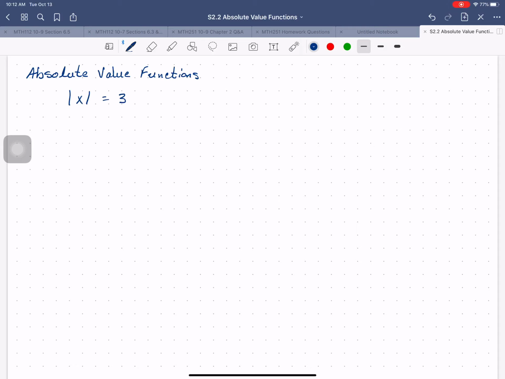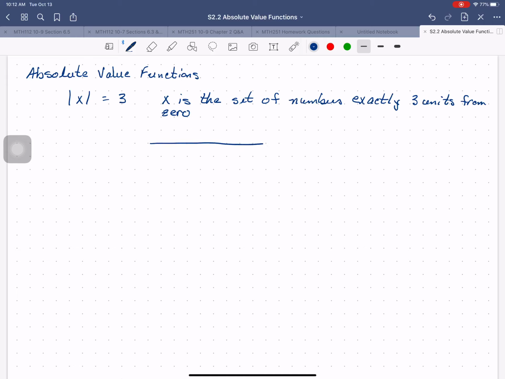What this really means is that x is the set of numbers that are exactly 3 units from 0. Because that's what the absolute value is. The absolute value function is a measurement of the distance from 0.